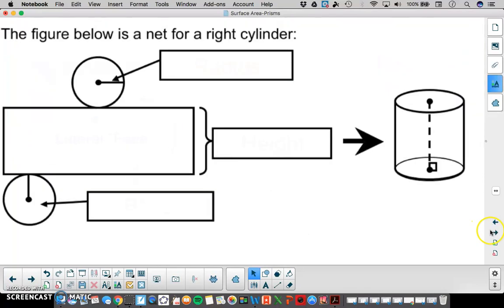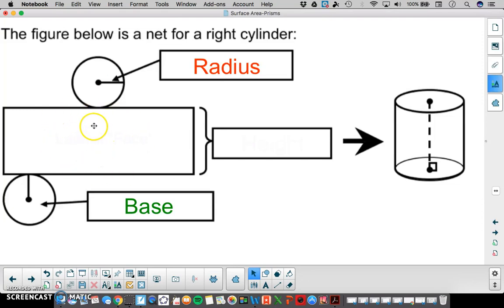Now we're going to talk about the parts of a cylinder so we can find the lateral area and total area. On this left-hand side, I have the net of a cylinder. So we have our two bases that are the two circles. Of that base, we have the radius of that circle. It's going to be useful in finding both circumference and area.